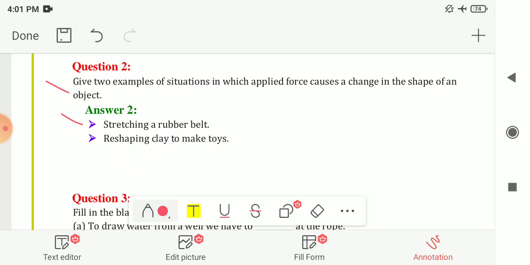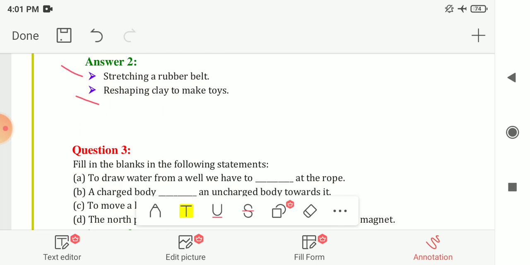By stretching a rubber band, we can change its shape, and in this change we are applying force. Next is reshaping clay to make toys. We are changing the shape of the clay to make toys, and in that also we are applying force. So these are the two examples in which applied force causes a change in the shape of an object.